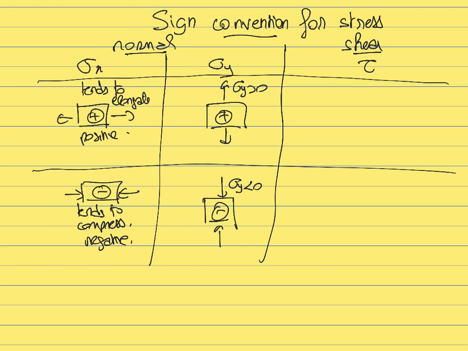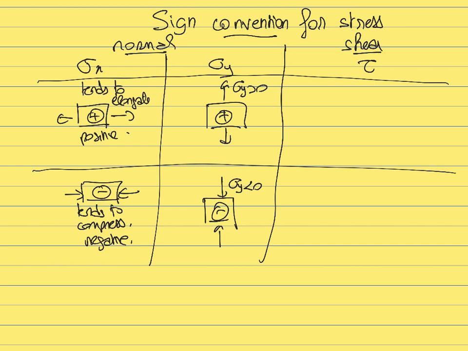So for the shear stress, a positive or negative shear stress is exactly the same thing. You have the same chance to break a material by shearing it positively or negatively, which is not the same for a normal stress. It's different to take a material and elongate it or compress it. Usually it's much easier to break a material by elongating it than by compressing it.